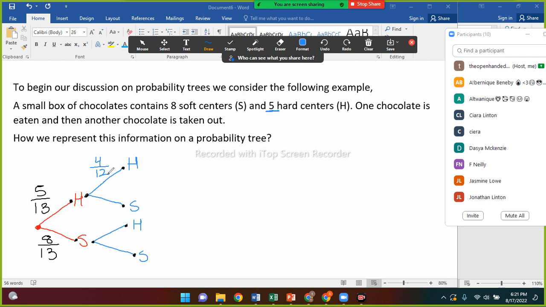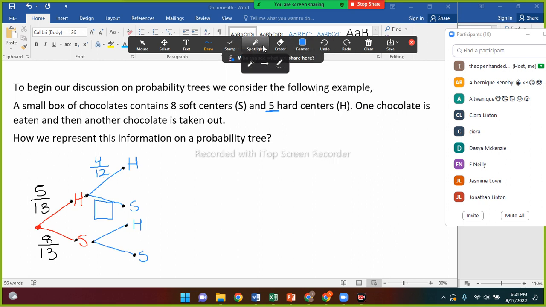Now, the idea here is that if you want to figure out the probability of this one right here, you're basically going to figure out what you could add to 4 to get 12.